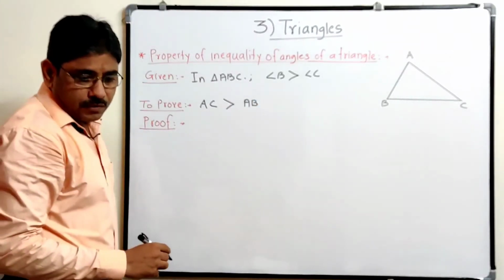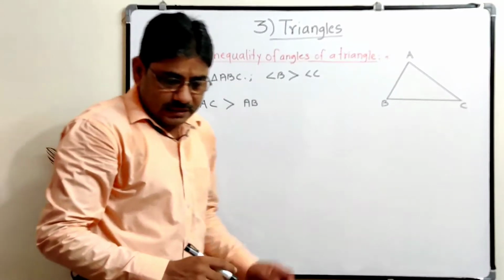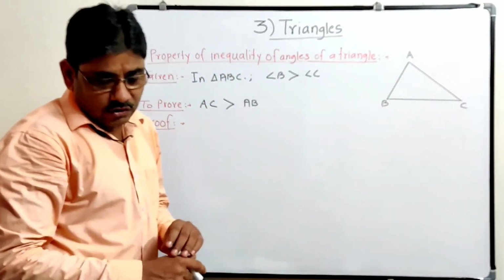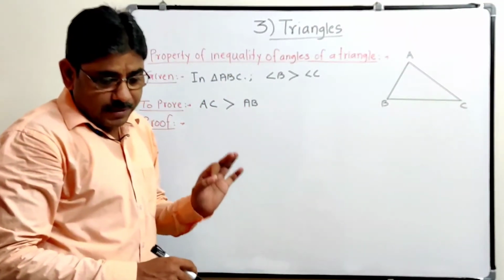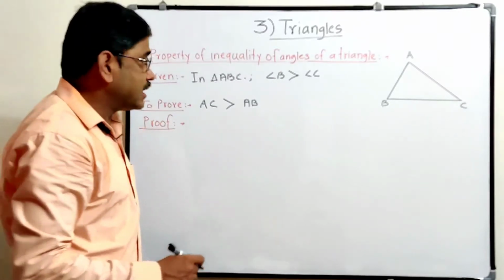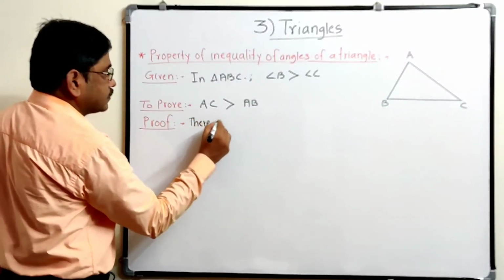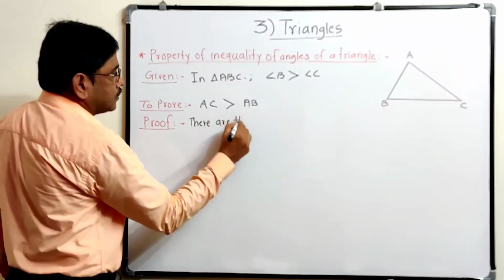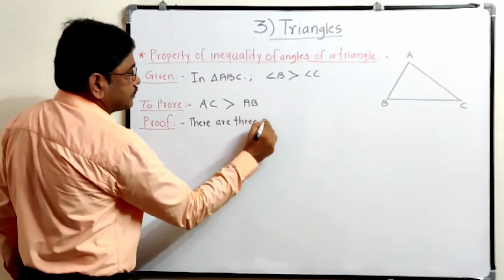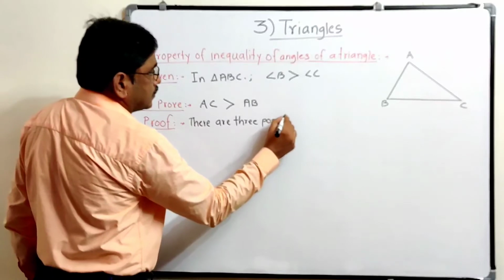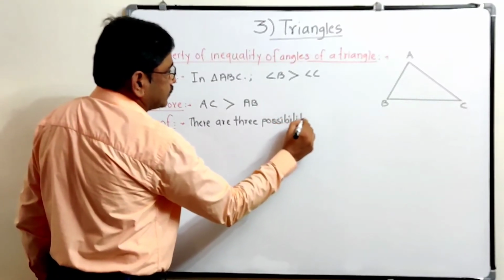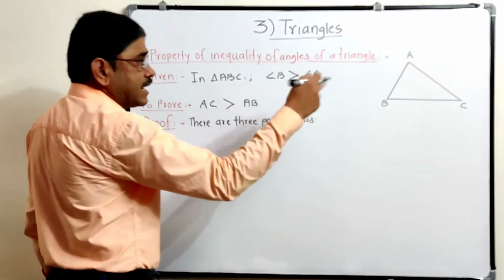Now the proof. There are only three possibilities regarding the length of side AB and side AC in triangle ABC. So there are three possibilities about the sides AB and AC.